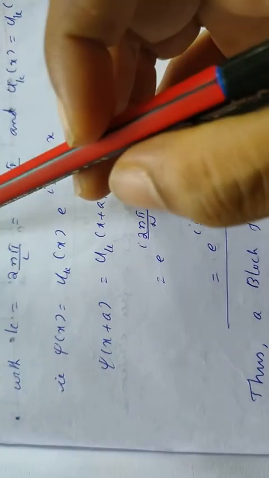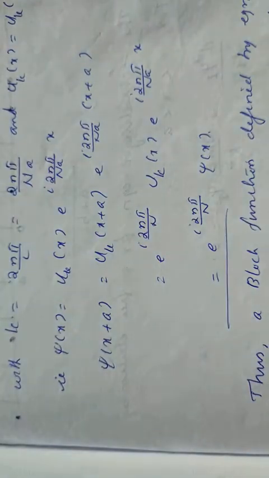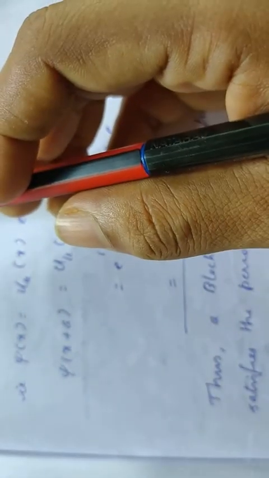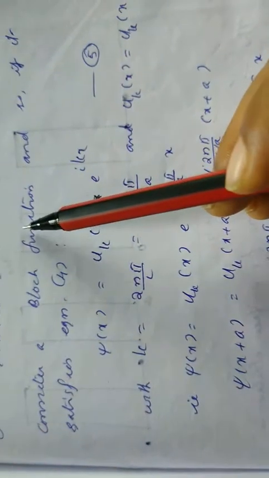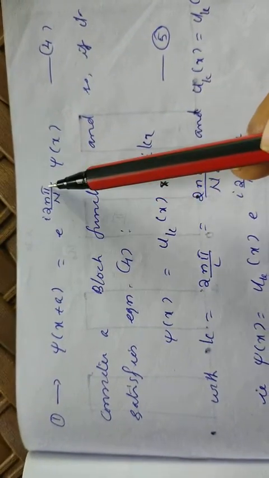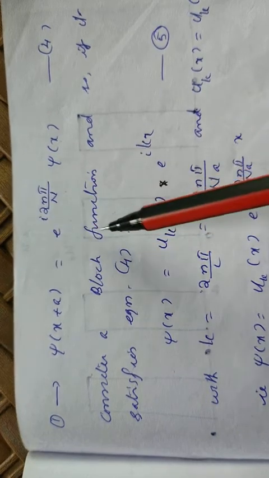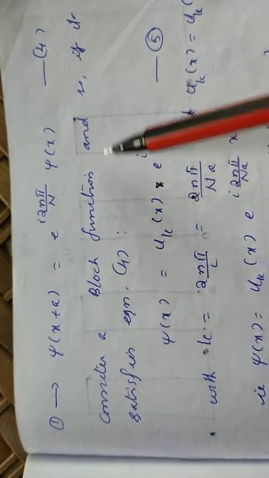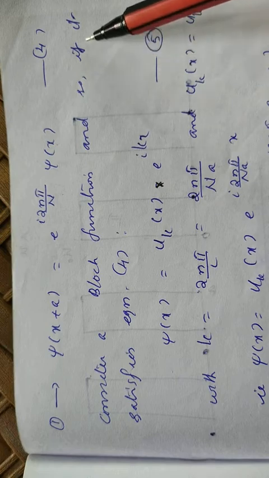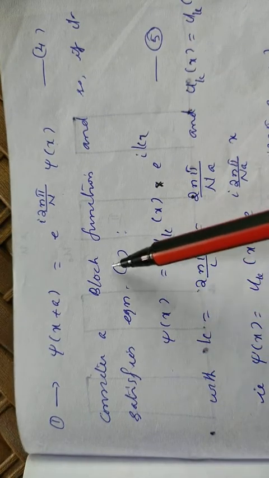Now psi of x plus a, equation 1, is psi of x plus a is equal to C into psi of x. So psi of x plus a can be written, instead of C we can write e to the power i 2n pi by N into psi of x. So instead of C we have substituted this value. Now consider the Bloch function, and see if it satisfies equation 4.